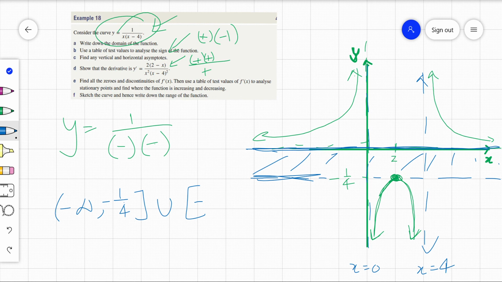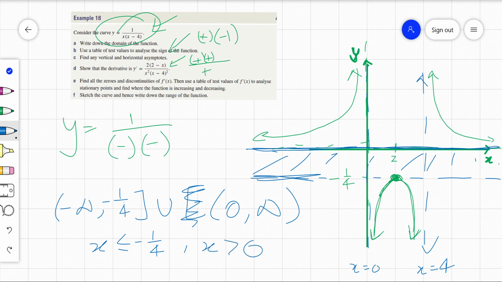And then we're not going to include 0, but we're going to go all the way up to infinity. Another way of saying that is that y is less than or equal to negative a quarter, and y is greater than 0.